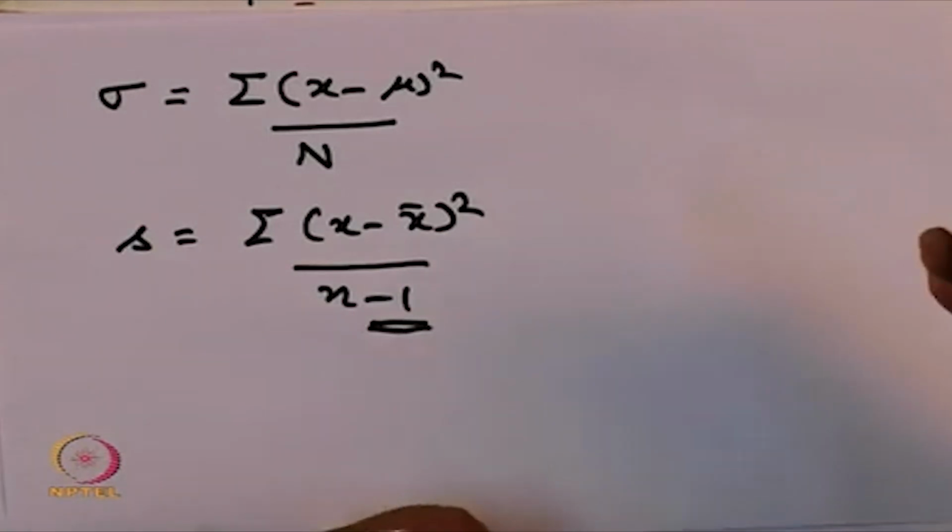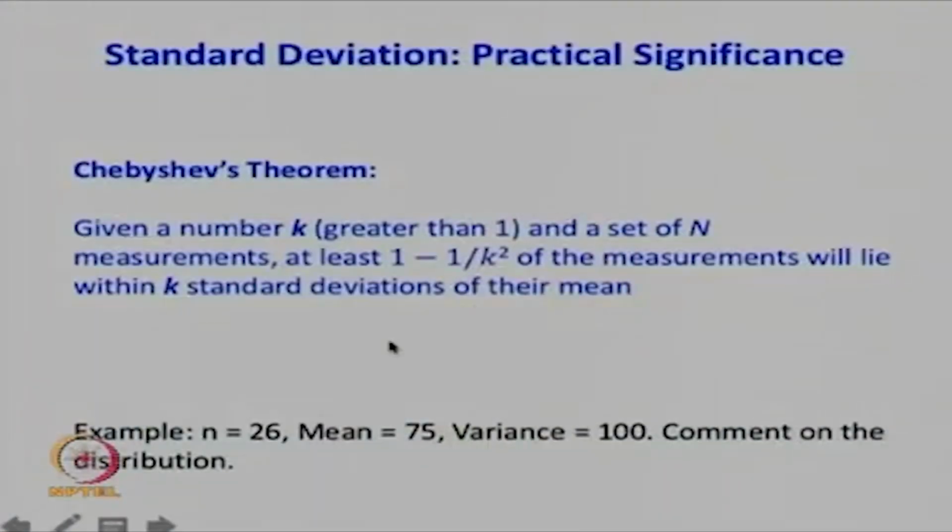So, what exactly is the practical significance of the standard deviation? This we had discussed in last class, and it is what Chebyshev's theorem tells us. It says that given a number k greater than 1 and a set of n measurements, what you are guaranteed is at least 1 minus 1 by k square proportion of the measurements will lie within k standard deviations of their mean, right.